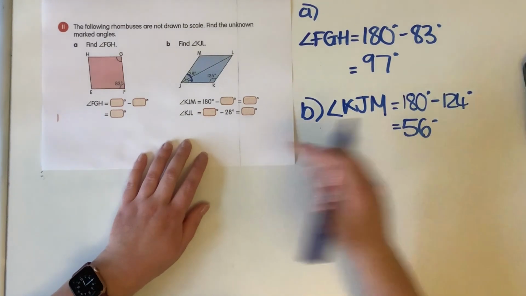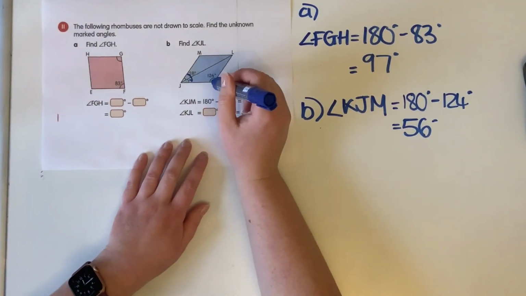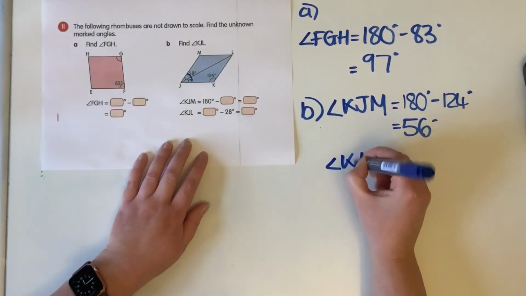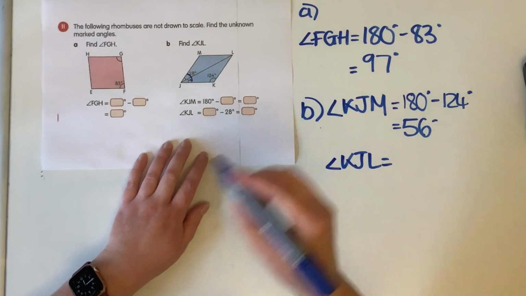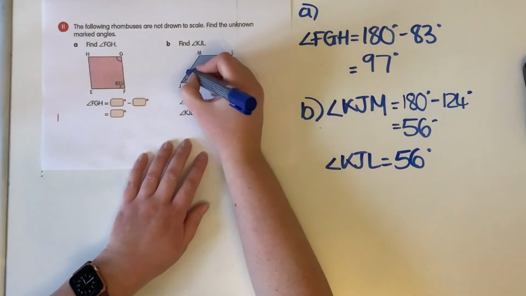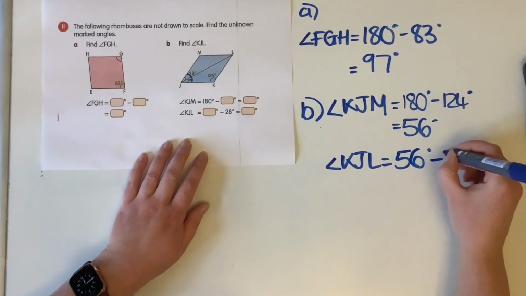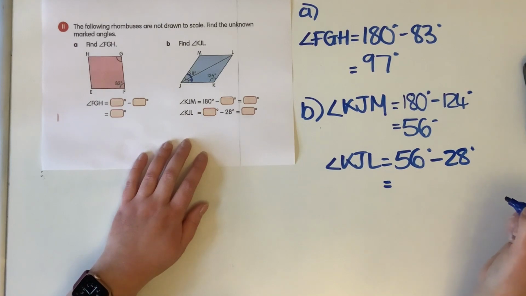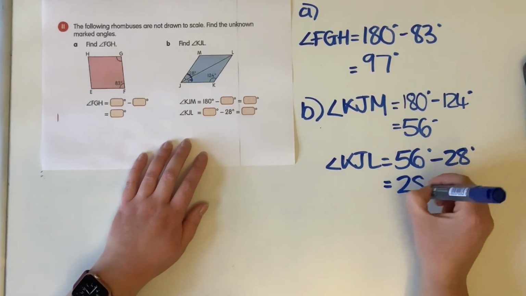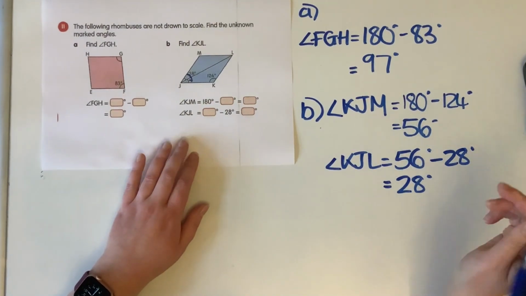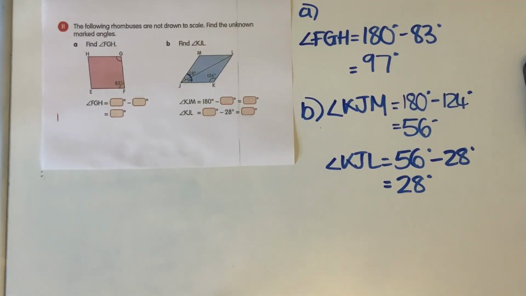Now I know that, I can use it to help me work out KJL. I know that the whole angle measures 56 degrees and I'm told that this part measures 28. So I need to subtract 28 degrees from 56 degrees, which equals 28 degrees. It's actually just been split in half. So angle KJL equals 28 degrees.